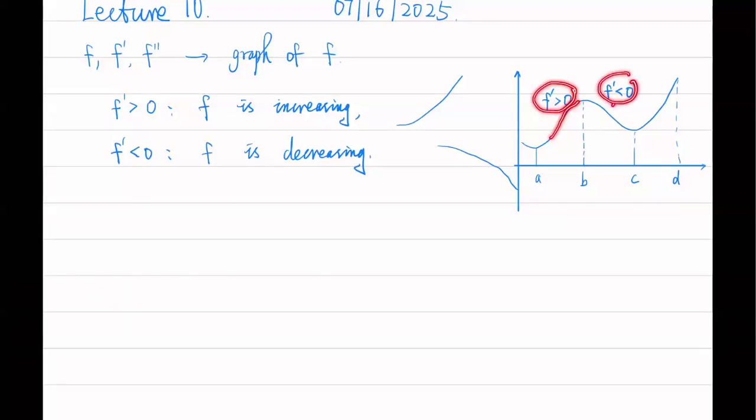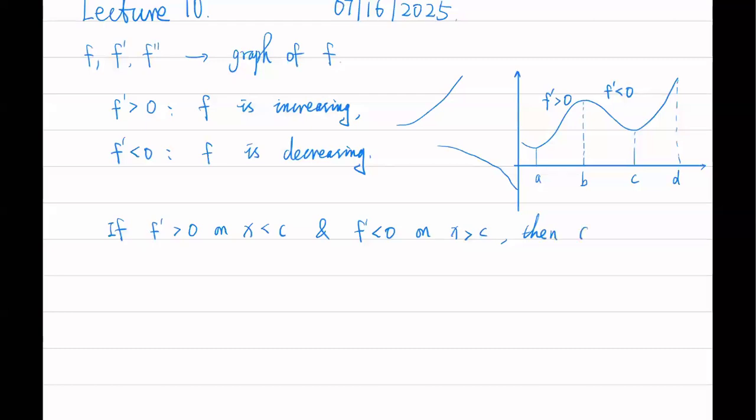Okay, a very simple criteria. Something like this.